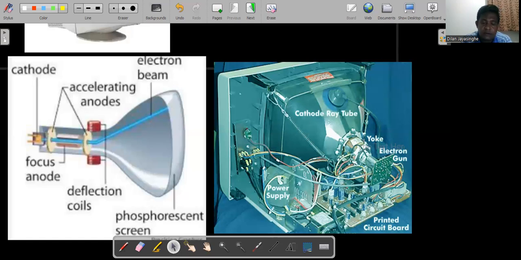It consumes more power. As well as the next disadvantage, it generates high heat.